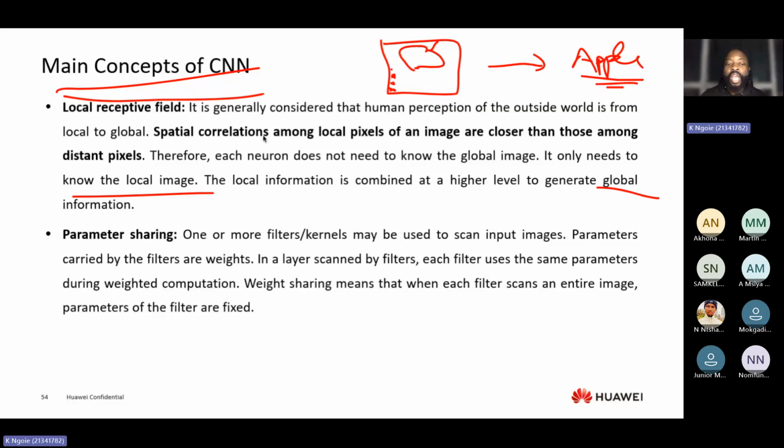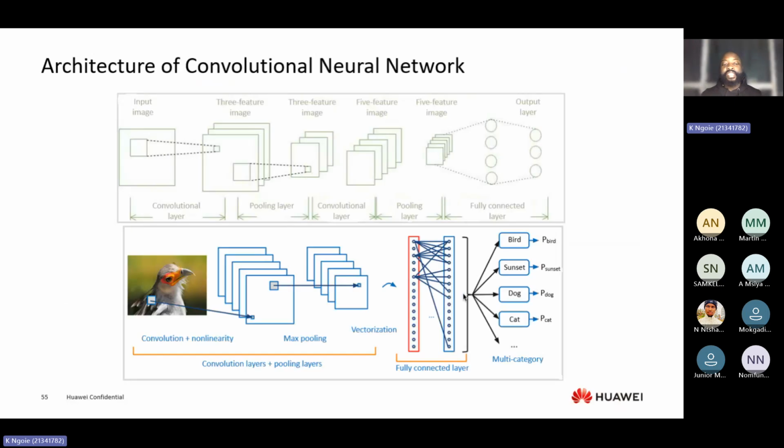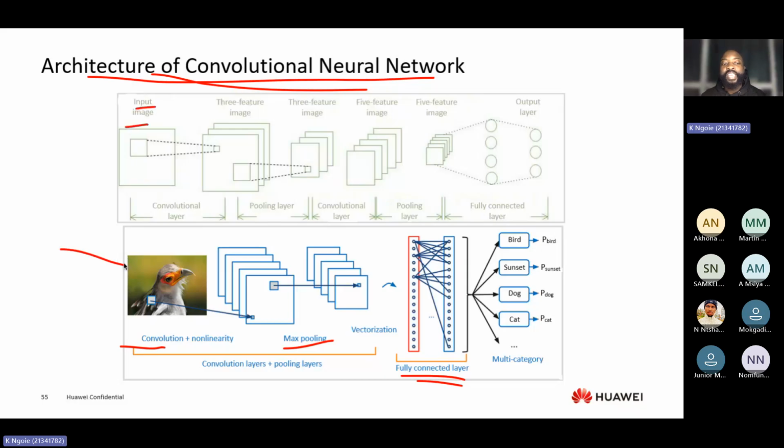Okay, so now how the CNN is going to work, we're going to look at all the types of layers it has. It has a max pooling layer, it has a convolutional layer, and it has a fully connected layer. So now, an example here of the architecture. You're going to input an image. This is the image that you input, but the CNN does not care about the global picture, but it looks at its pixels.